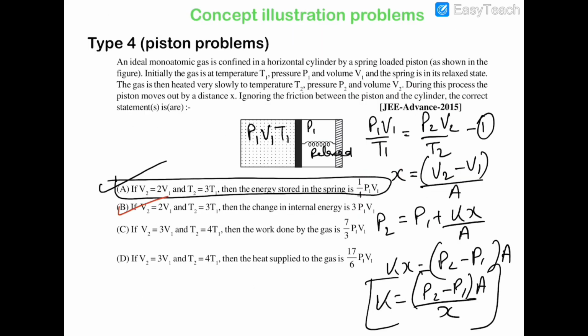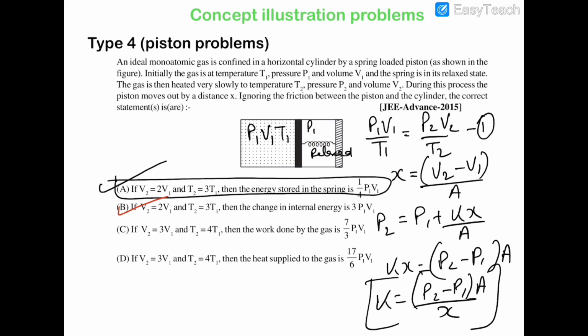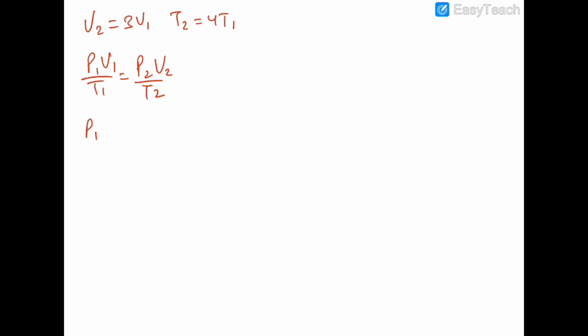Third option is that if V2 is 3V1 and T2 is 4T1, then work done by the gas. Now in the third option, let us use a different page. We know that in the third option it is given V2 is 3V1 and T2 is 4T1. So if we use P1 V1 by T1 is equal to P2 V2 by T2, then P1 V1 by T1 will be equal to P2 into 3V1 by 4T1.